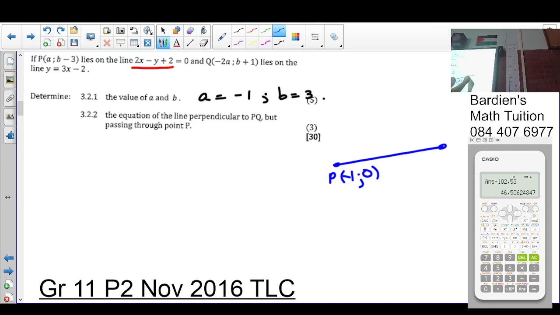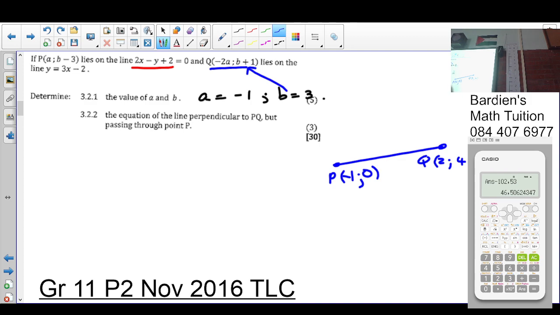Then Q. Let's look at Q. a is negative 1. So negative 2 times negative 1 is 2. And if I put b in there, 3 plus 1 is 4.